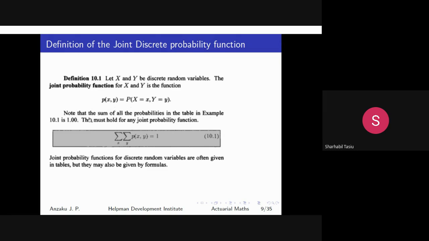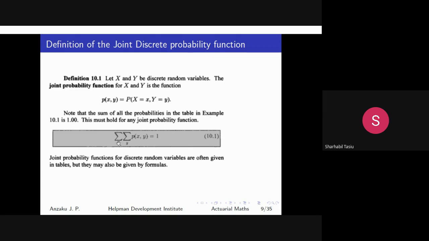Now note that the sum of all the probabilities in the table in example 10.1 is 1.00. This must hold for any joint probability function. Remember, when we are talking about the PMF, we say that when you sum the probabilities, the total is supposed to give us 1.